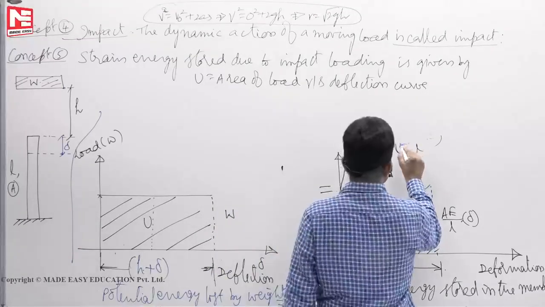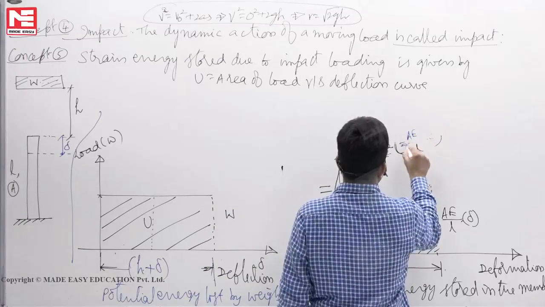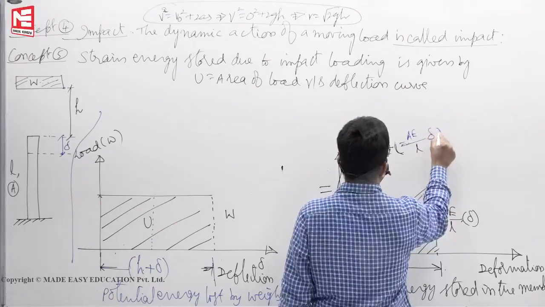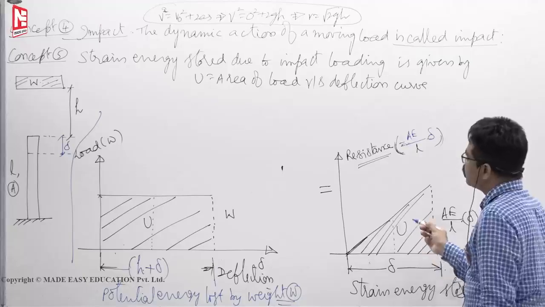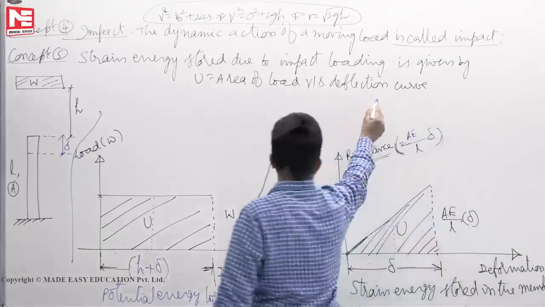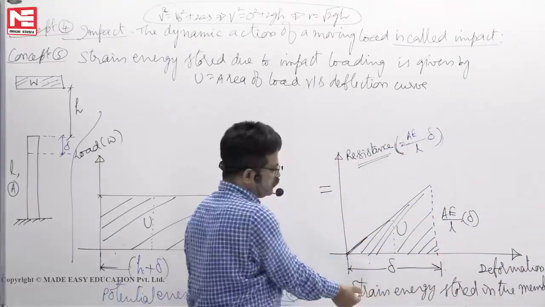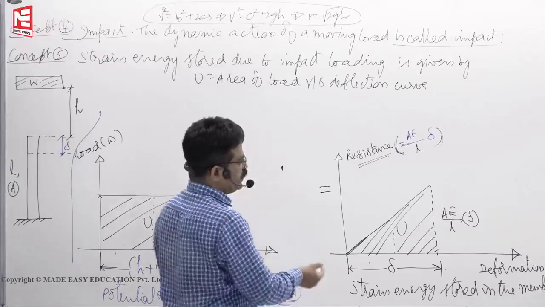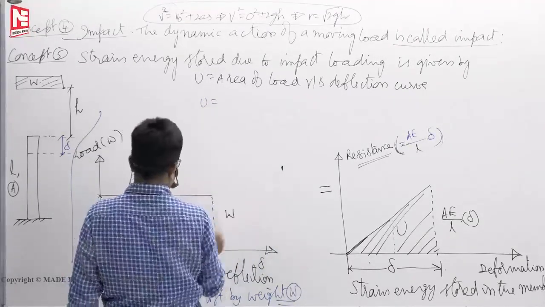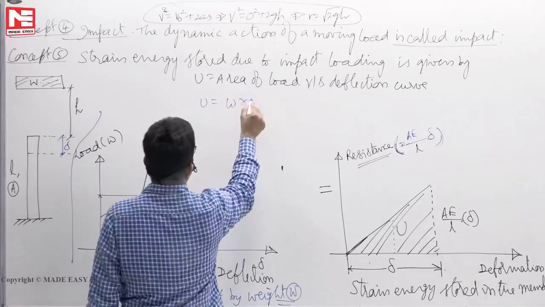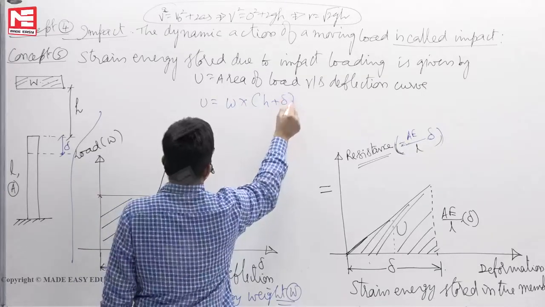So this is resistance again, AE by L into delta. This is how the deformation goes. Then the load versus deflection curve's area is the strain energy. So how much will you get? U is equal to W into H plus delta.